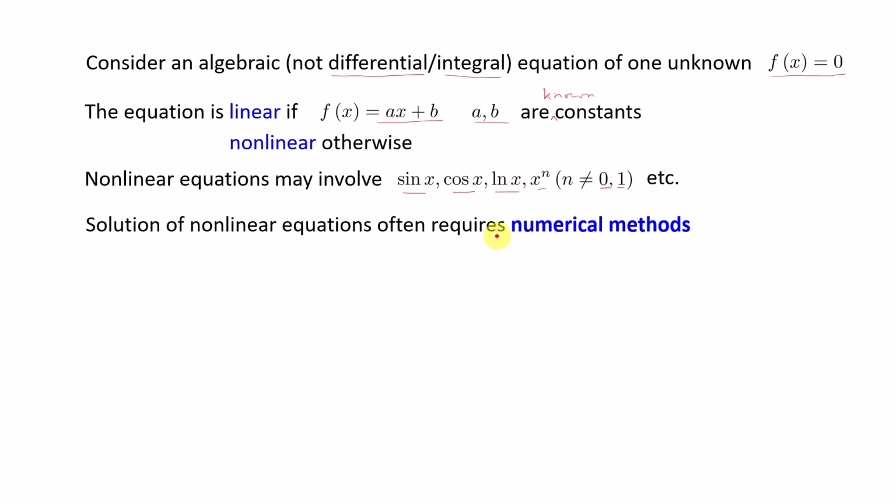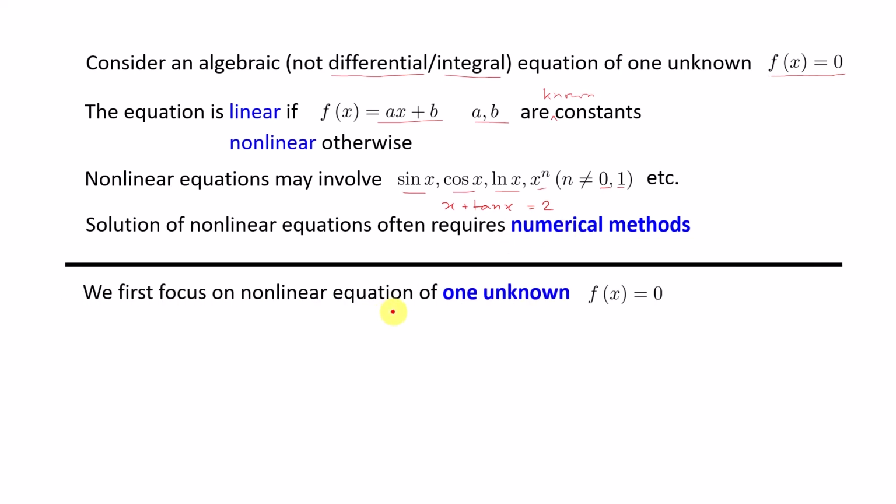But most nonlinear equations cannot be solved analytically. For example, if I have an equation x plus tan x equals 2, this cannot be solved analytically. This is a nonlinear equation and we have to use some numerical method to solve it.